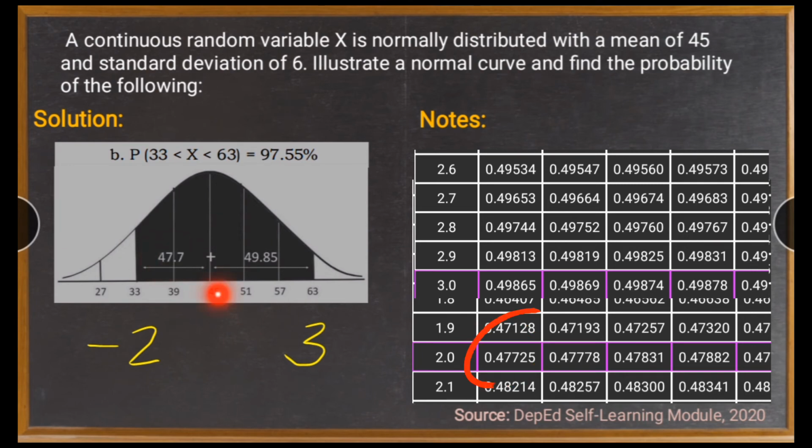Still, in the -1 from 0 to -2, 47.7, since the normal curve is symmetrical about its mean. And from 0 to +3, we have the area 49.85%. Of course, it is converted already.